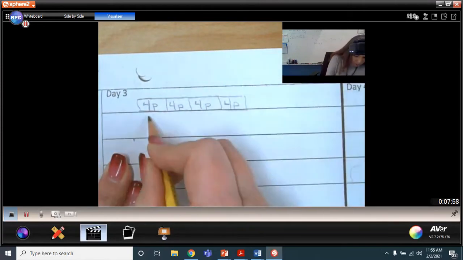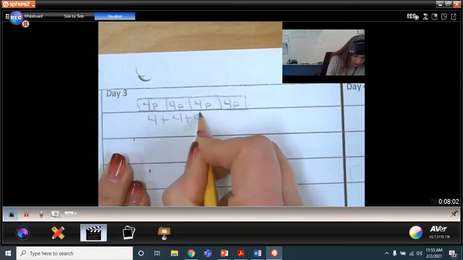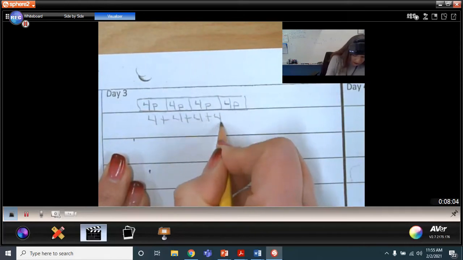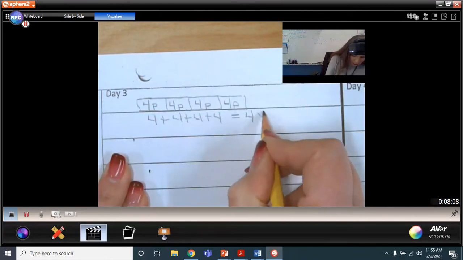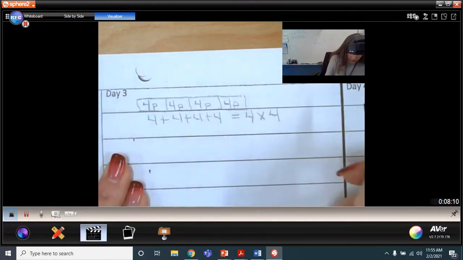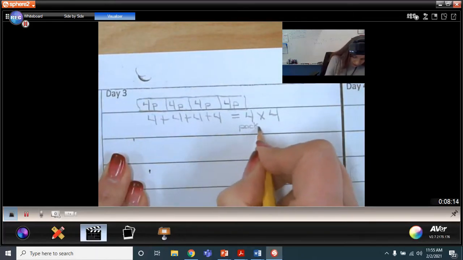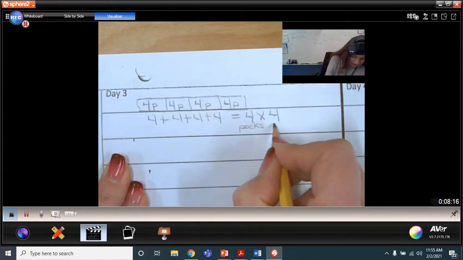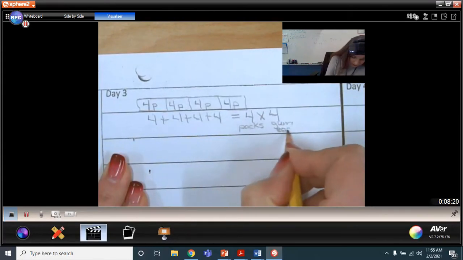Now, when I add all these pieces of gum together, remember this is the same as saying 4 groups of 4. 4 packs with 4 pieces of gum each pack.